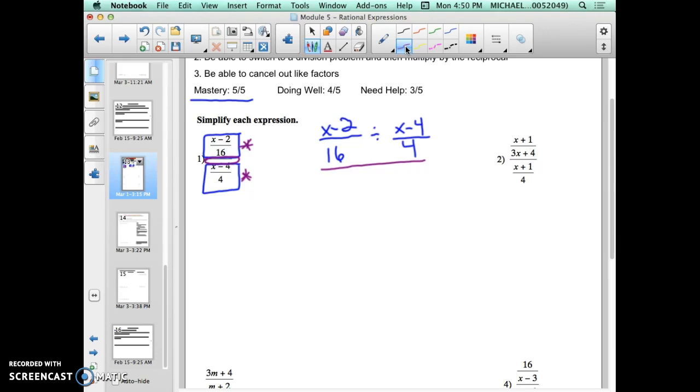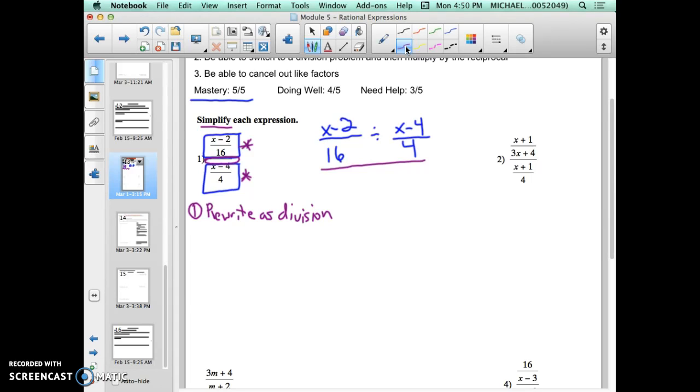So the first step in being able to simplify a complex rational expression like this, and I'm sorry, that is why it's complex, because the numerator and denominator each contain a rational expression. So the first step, again, to simplify this, like the directions say, and state the excluded values, is to rewrite it as division. So I'm going to put that. Rewrite as division.